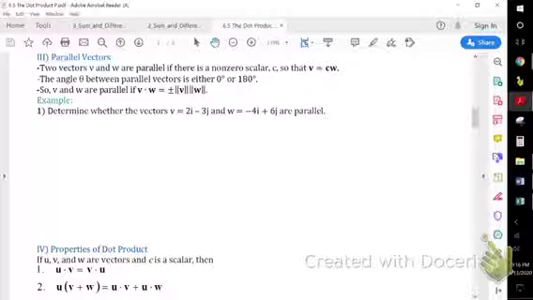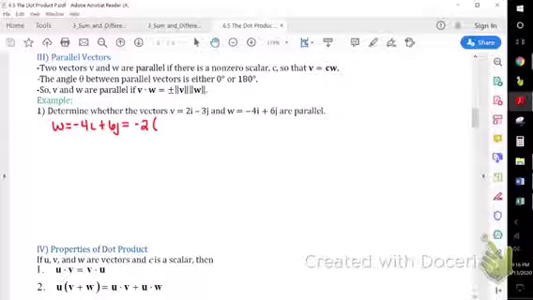So let's look at example 1. It says determine whether the vectors v equals 2i minus 3j and w equals negative 4i plus 6j are parallel. One thing we can notice is, look at vector w. Negative 4i plus 6j has the greatest common factor of negative 2.